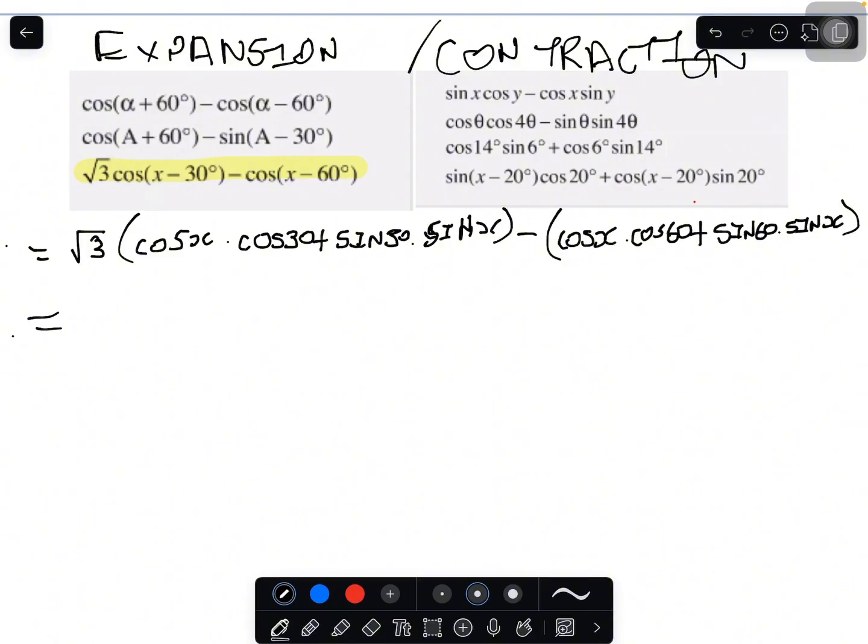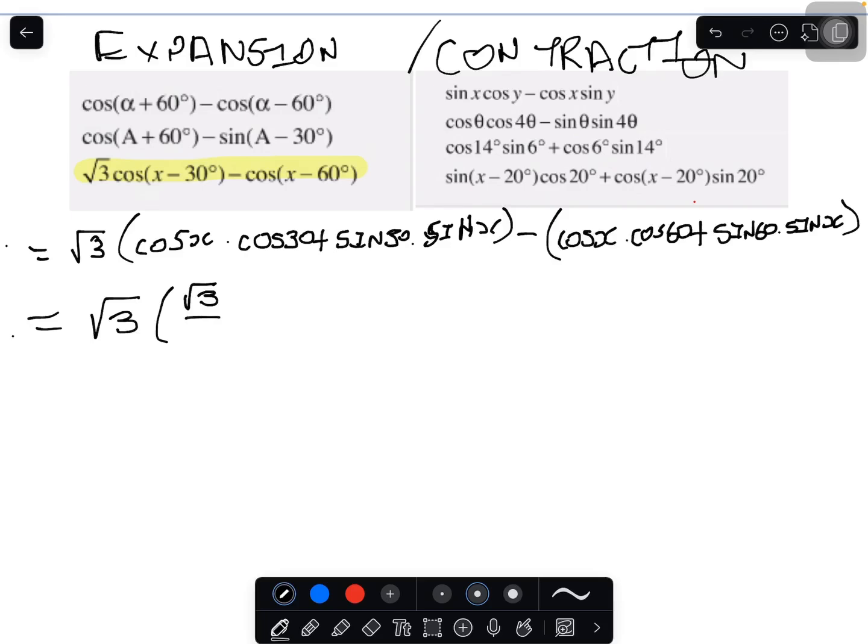Okay, and now we go into simplify these. You can still keep these brackets if it's one step too many to do in a row, so I'm going to do the same thing. So I'll have root 3 open brackets, the cos of 30 is equal to root 3 over 2.